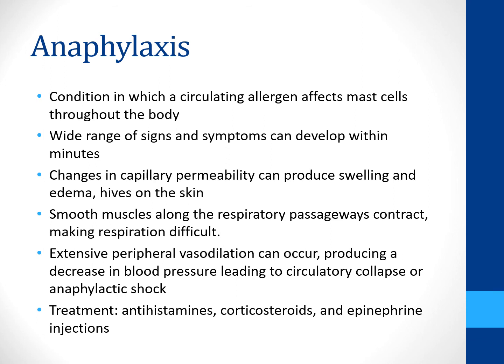Extensive peripheral vasodilation occurs, and all of that vasodilation can lead to a drop in blood pressure, which can lead to anaphylactic shock. You can end up going into a coma because your blood pressure drops so low. And so anaphylaxis is treated with antihistamines, corticosteroids, and epinephrine injections with an EpiPen.